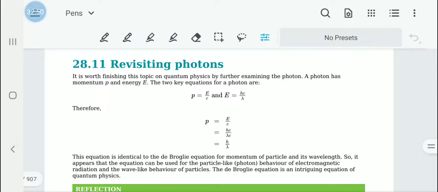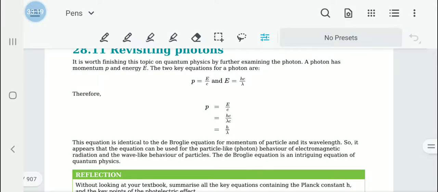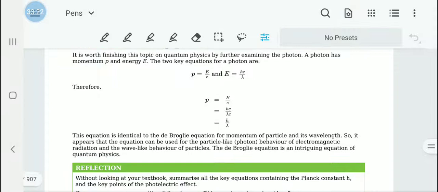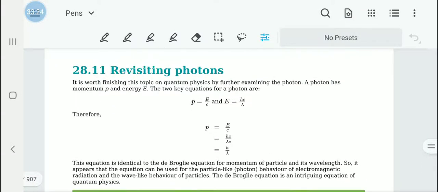So this equation is identical to the de Broglie equation for momentum of particles and its wavelength. So we can use this equation not only for particles like photons, but also for the wave-like behavior of particles. The de Broglie equation is a very important equation in quantum physics.